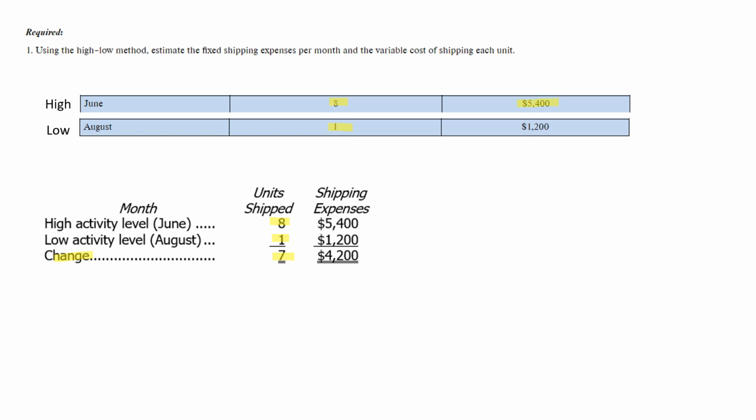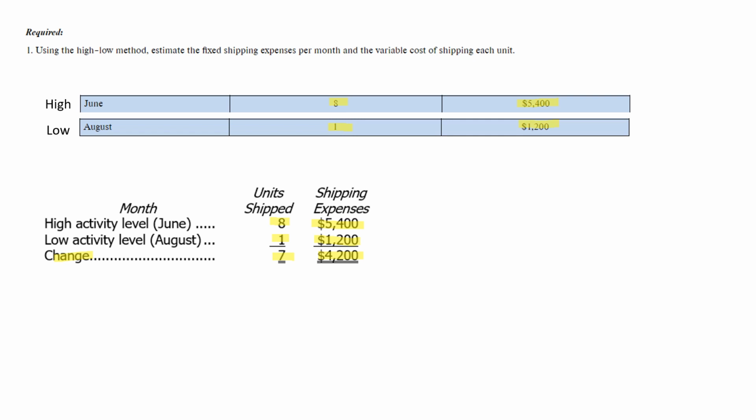So we bring down our 5,400 here. In our low activity level month of August, it was 1,200. So here's our 1,200. If we do 5,400 minus 1,200, our change in shipping expenses is 4,200. So our total change in units is 7, and our total change in shipping expenses is 4,200.